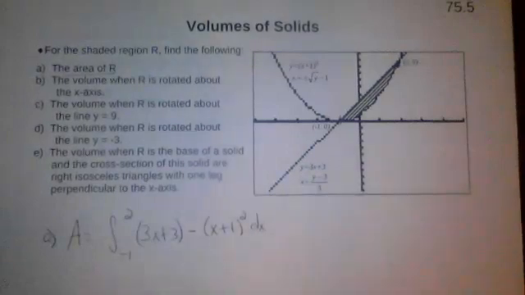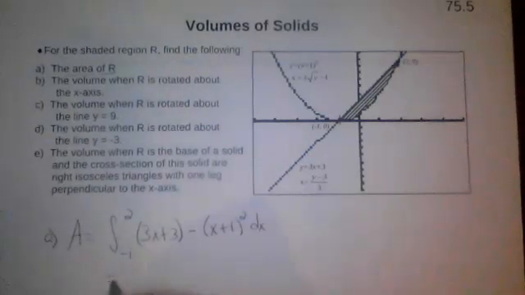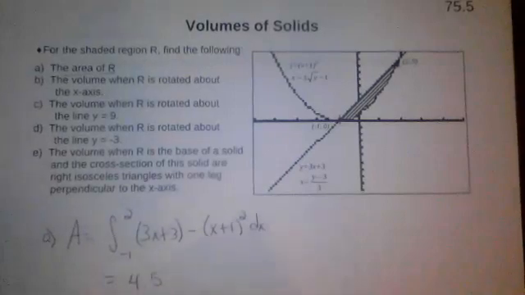I'm just going to do setups, and then we'll plug these into the calculator. Actually, let me just go ahead and get all of our solutions, and I'll just tell you. So this one, once you type it in, it's going to be 4.5.